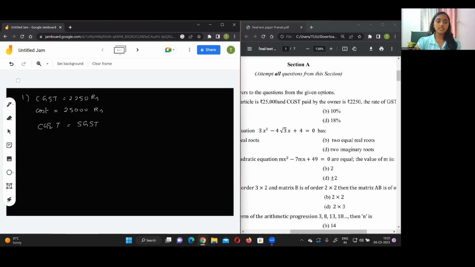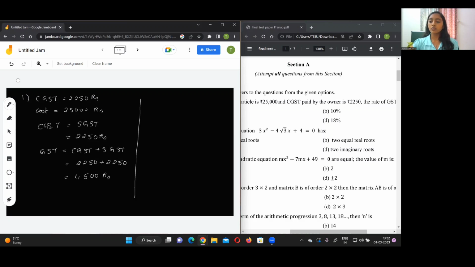Central GST is equal to state GST, which is therefore SGST is equal to also 2,250 rupees. We then know that GST is equal to CGST plus SGST, which is 2,250 plus 2,250, which comes to 4,500 rupees, right?